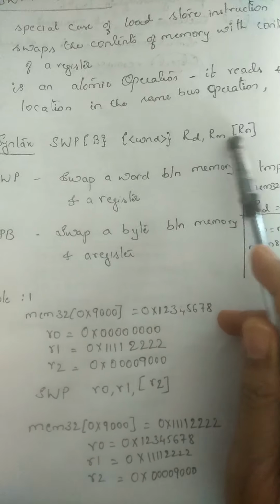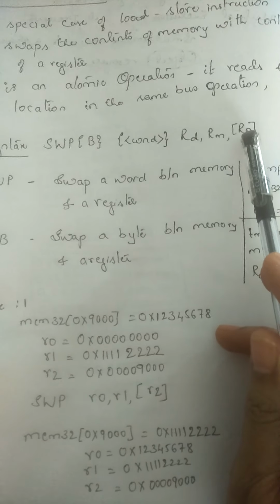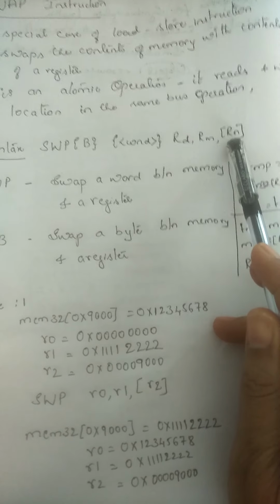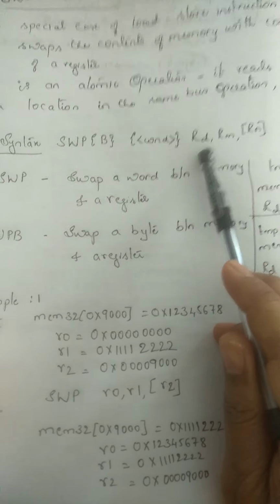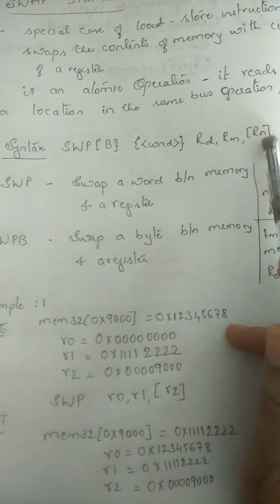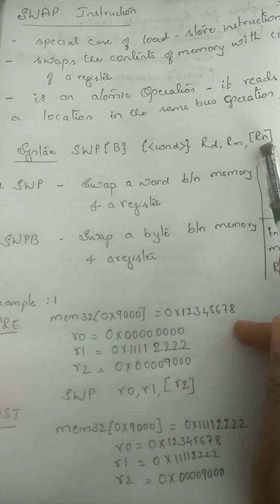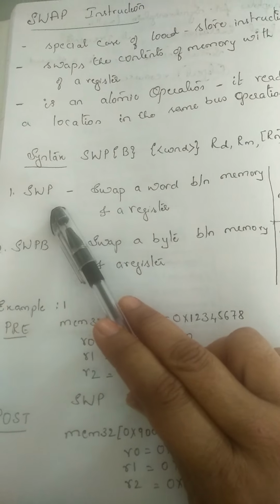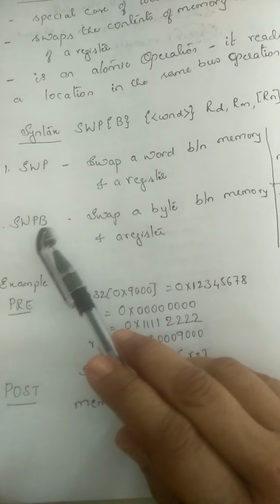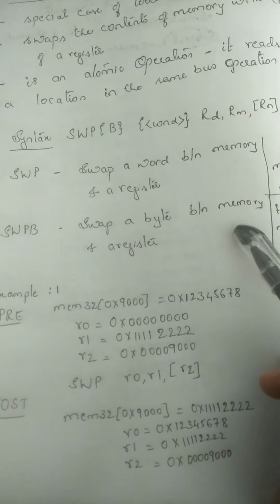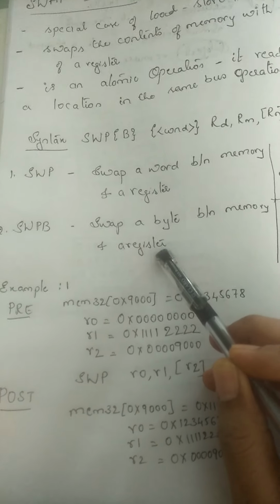Even though it is a register, it is written in the square brackets, which indicates that the register is holding the memory location. So the data pointed to by RN is moved to RD, and the content of RM is moved to the location pointed to by RN. So SWP means 32 bits of data is moved between the memory and a register, whereas SWPB moves 8 bits of data between the memory and a register.